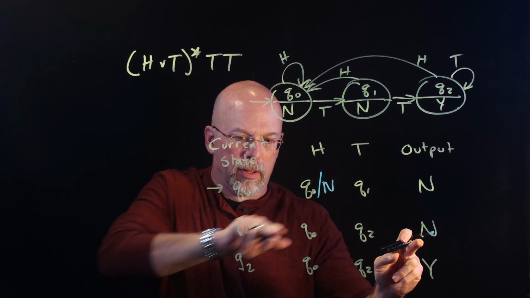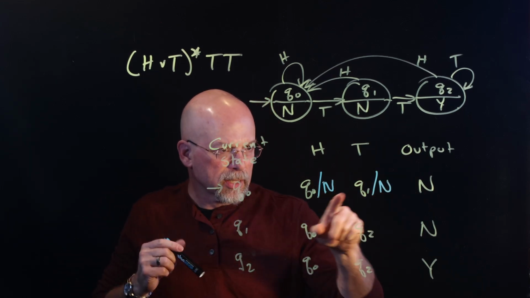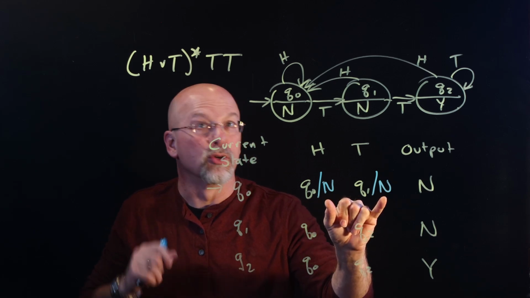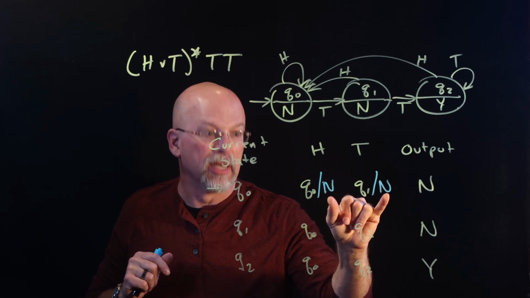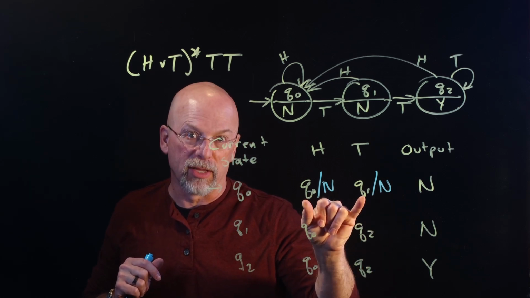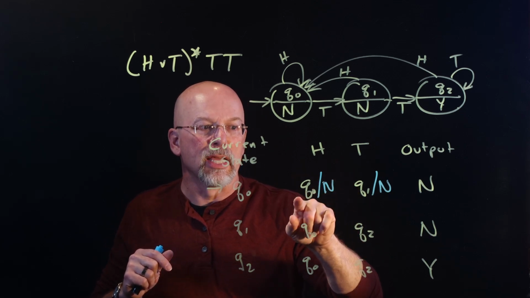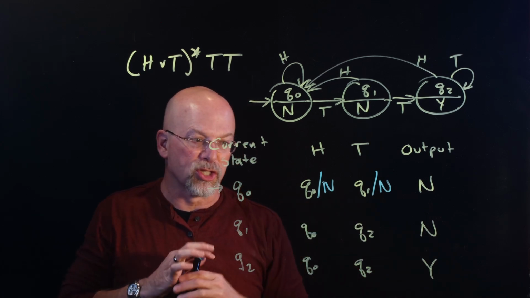Q1's output is also no. So notice all I'm doing is I'm simply saying, here is my destination state. To convert this to a Mealy machine, I'm simply going to say that the output corresponds to the state that I'm going to. Now I've got my output associated with the transition instead of being associated with just the state.